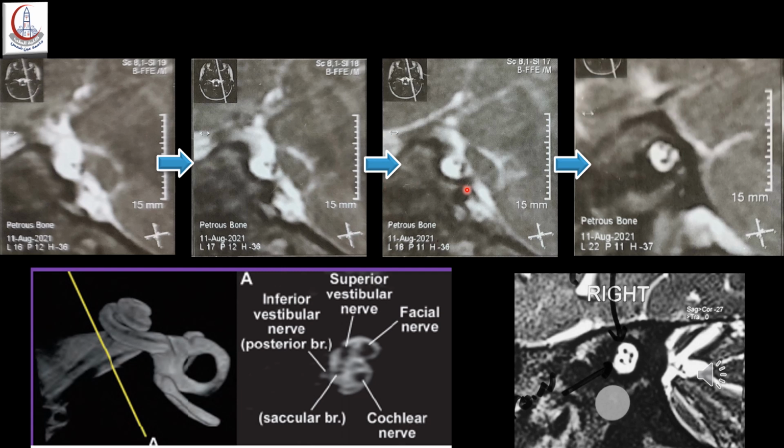And as we go more lateral, the nerves start to be more and more discrete, and finally, at the level of the internal auditory canal, we have this 4-nerve configuration: the facial anterosuperiorly, superior vestibular nerve, inferior vestibular nerve, and the cochlear nerve. So here we can appreciate the number of the nerves, and we can measure their diameters and compare the diameters. We usually compare between the facial nerve and the cochlear nerve, and if they are nearly the same diameter, we can assume that the cochlear nerve is normal.